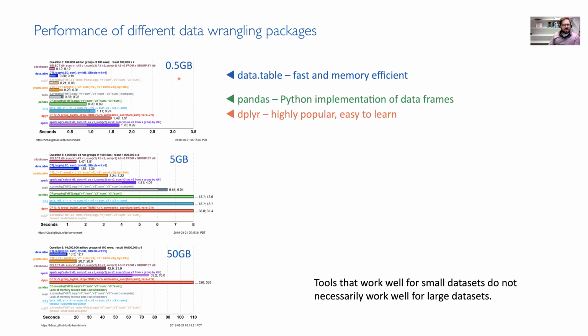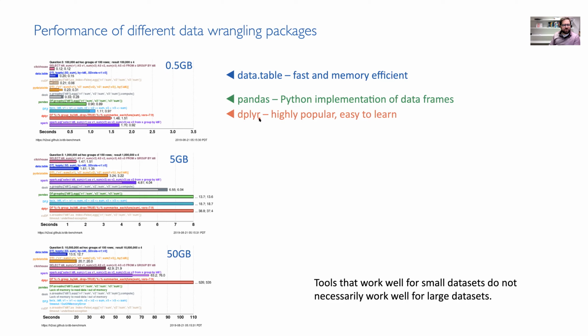So here this is 500 megabytes of data, so a pretty small data set. And then you measure the length of such an operation, that's denoted by the bar. And you can compare different versions, different packages that allow you to look at this data. So for example, one popular method in R is called dplyr.